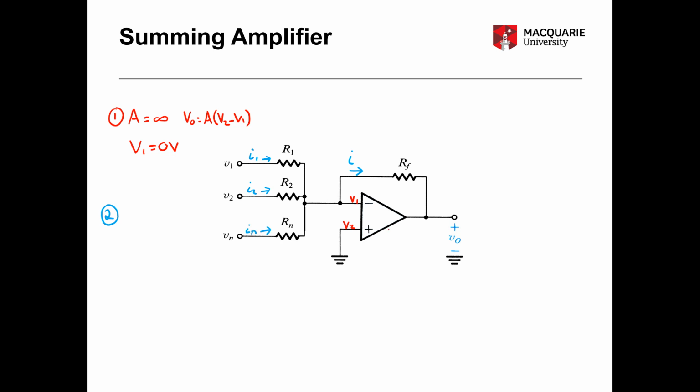Now, as we know from our ideal op-amp characteristics of the infinite input impedance, there can be no current flowing into the input terminals of the op-amp. So from Kirchhoff's current law, we can straight away say that our main current going through the feedback resistor I is going to be equal to I1 plus I2 plus IN.